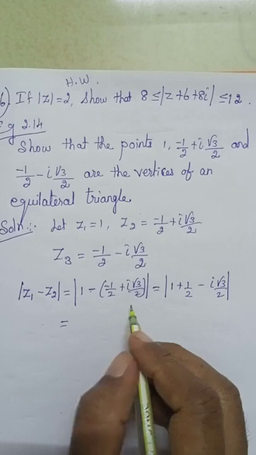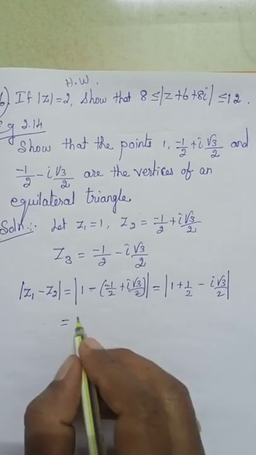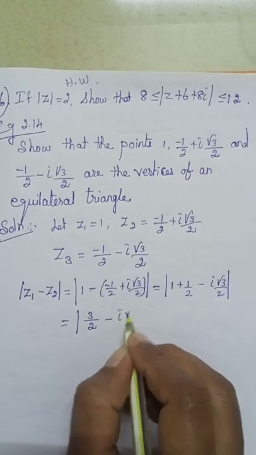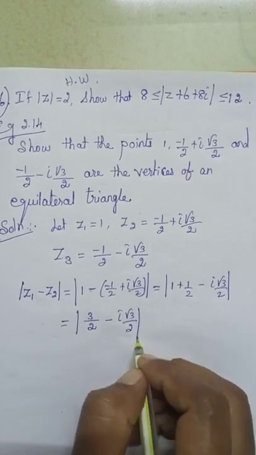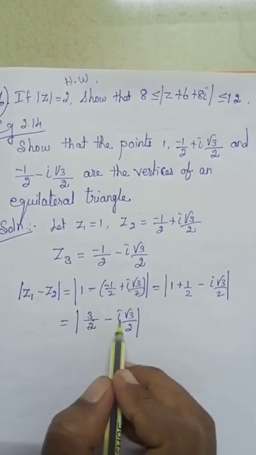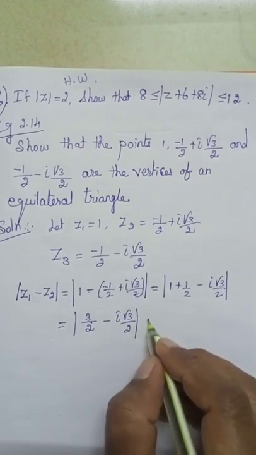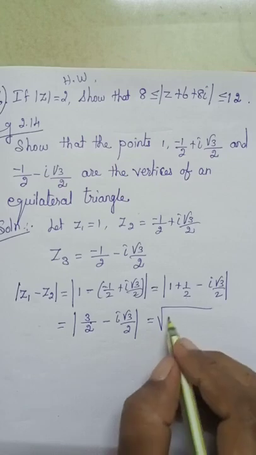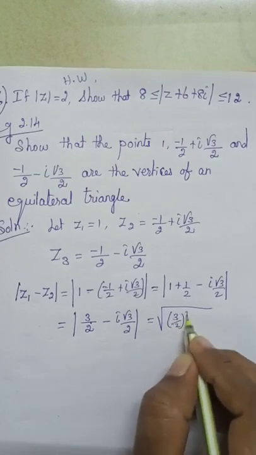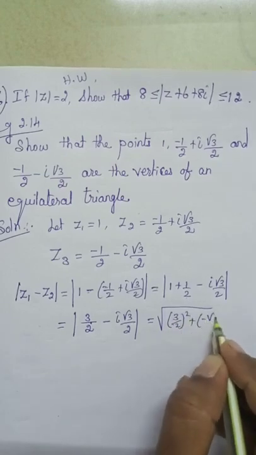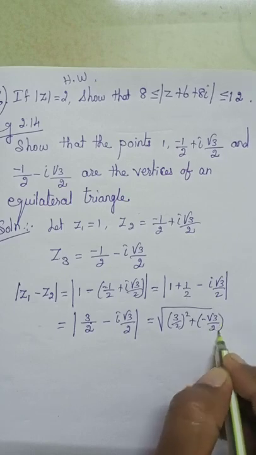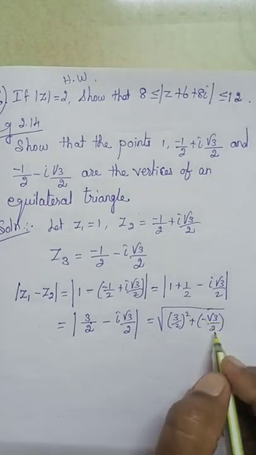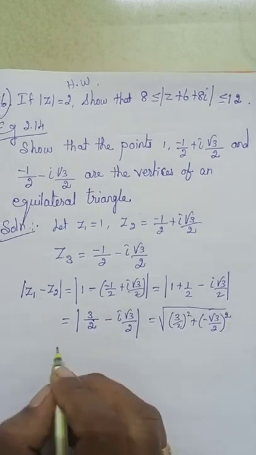So if we separate this, 1 plus 1 by 2 is 3 by 2 minus i into root 3 by 2. Now we have got the real part and imaginary part. When we find the modulus, we get root of real part whole square plus imaginary part whole square. Here real part is 3 by 2 and the imaginary part is minus root 3 by 2.